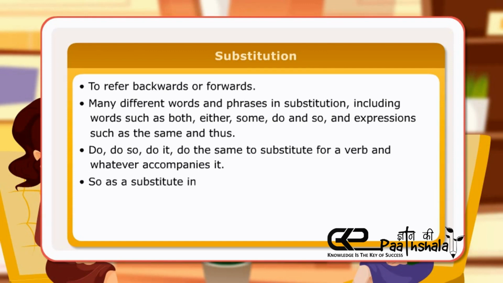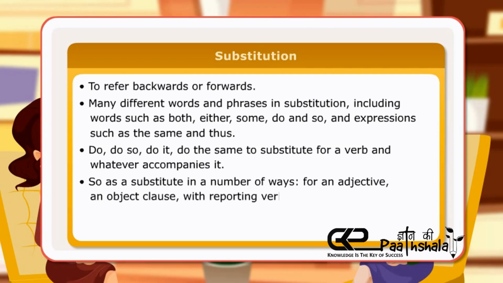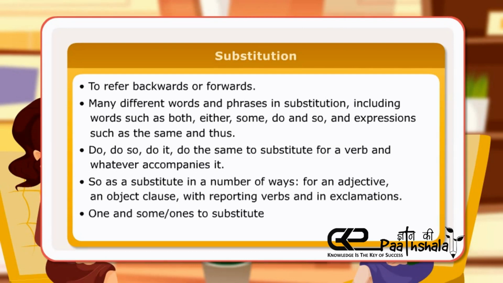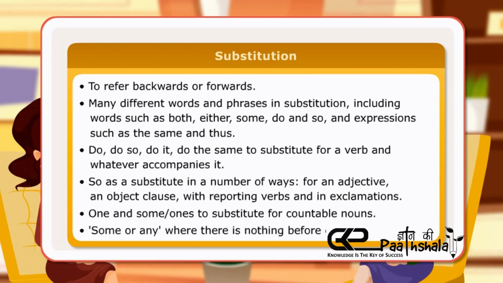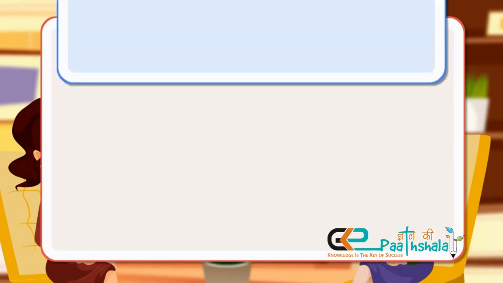So as a substitute in a number of ways for an adjective, an object clause, with reporting verbs and in exclamations. One and some or ones to substitute for countable nouns. Some or any where there is nothing before or after ones.